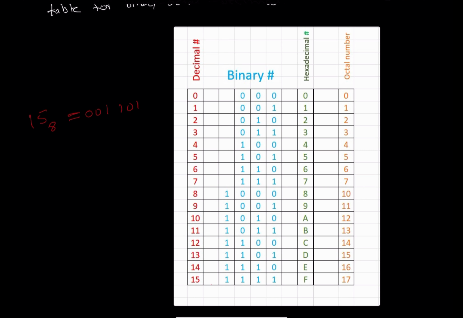So 15 here is 1, 1, 0, 1. We're not using these 2 zeros there, but it's okay because a zero doesn't mean anything on this side. Just to make it easier for us, we use it, so it'll be easier to represent as an octal and binary number. This was just an extra example.